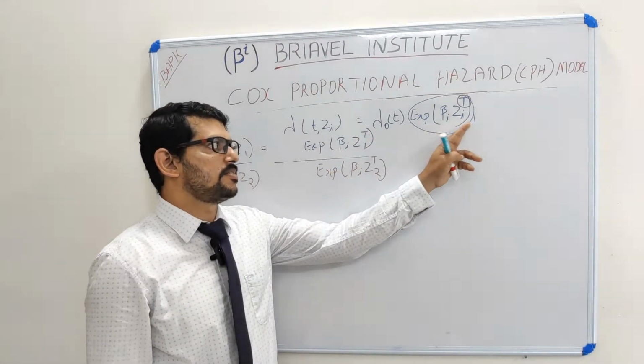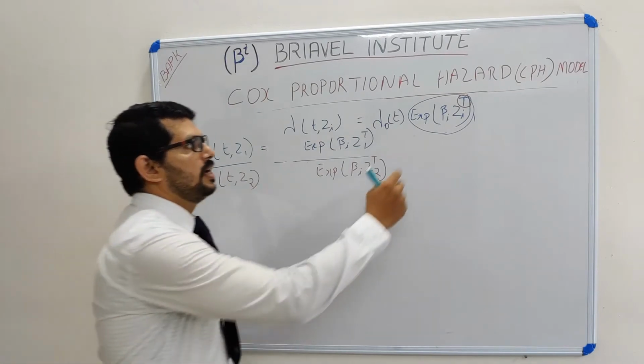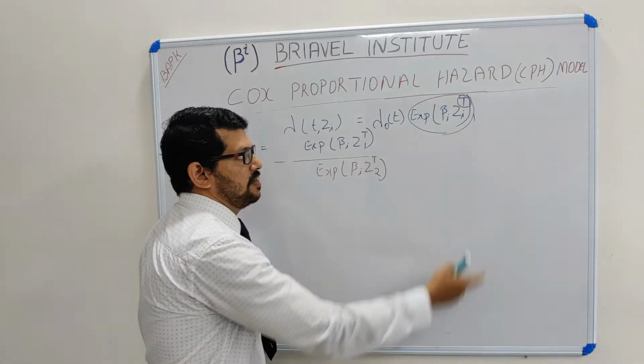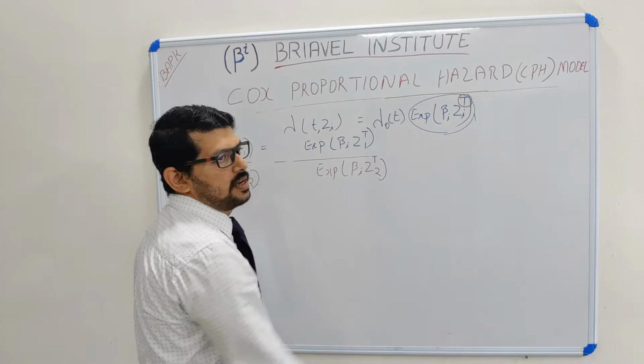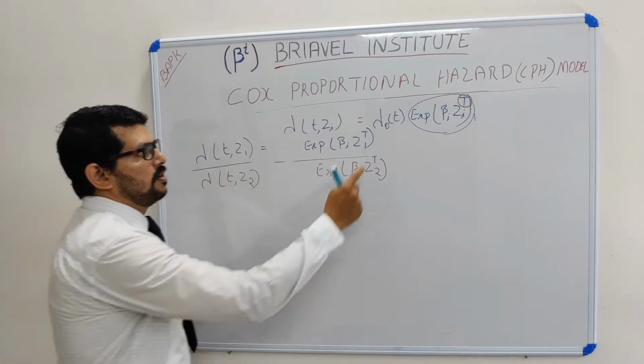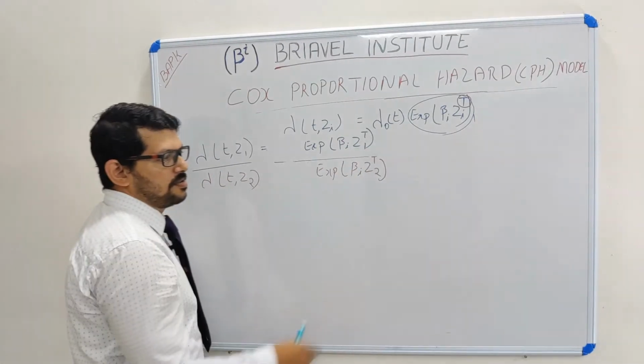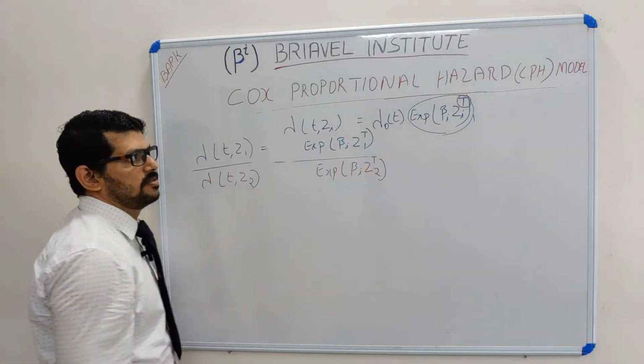Only these three factors we study in this model. This beta will be available in our question, and zi also will be available in the question. We have to select the zi's. Lambda 0 t, we need not calculate lambda 0 t in any question.